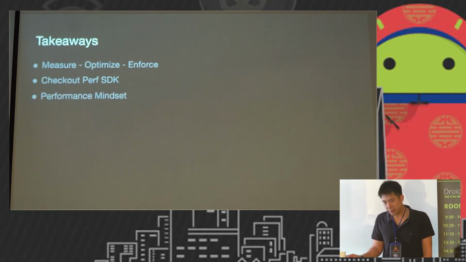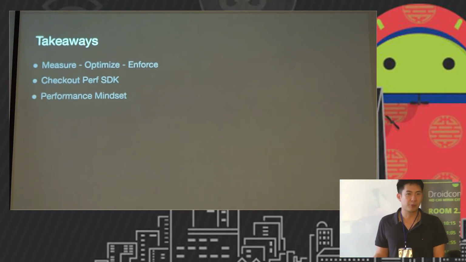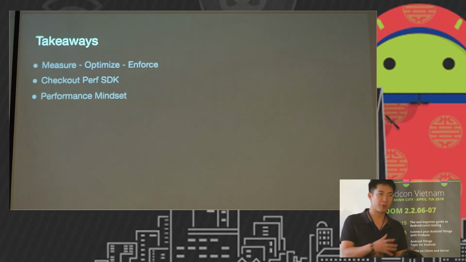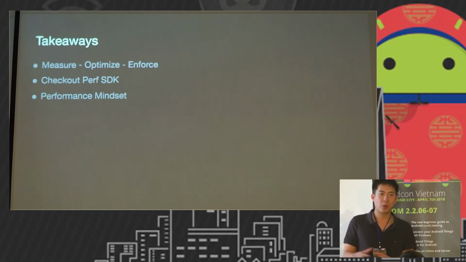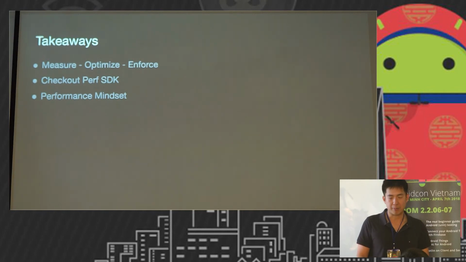The third thing is that it's all about the performance mindset, right? People have to start thinking about performance if they want to create great performance. And you have to bring that mindset throughout the whole team, from the designer to the PM to all the other engineers, front end and back end.